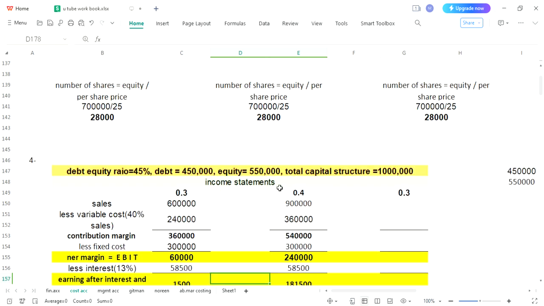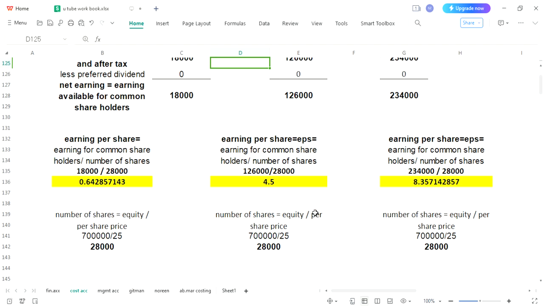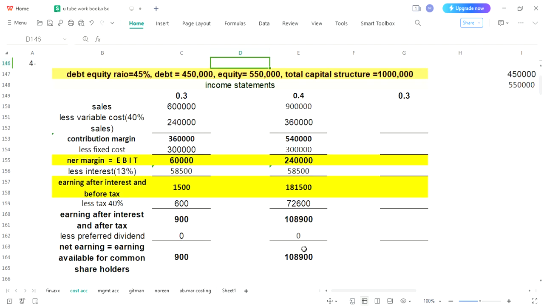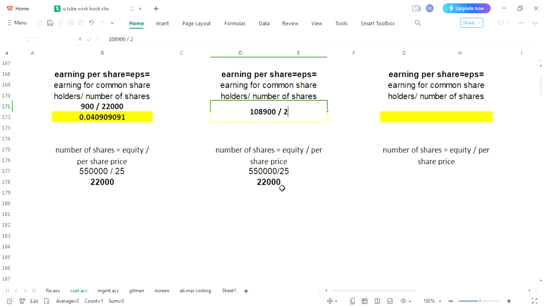It is mentioned in your question, look over here, 25 per share, and you will put this 25 over here to calculate number of shares. So 550,000 would be divided by 25 to get number of shares 22,000, and this would be used to calculate EPS. Statement is completed.